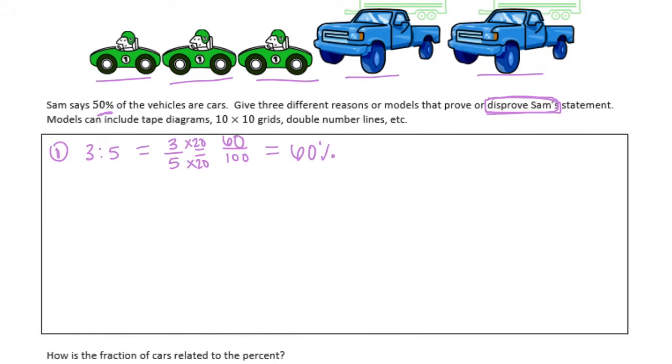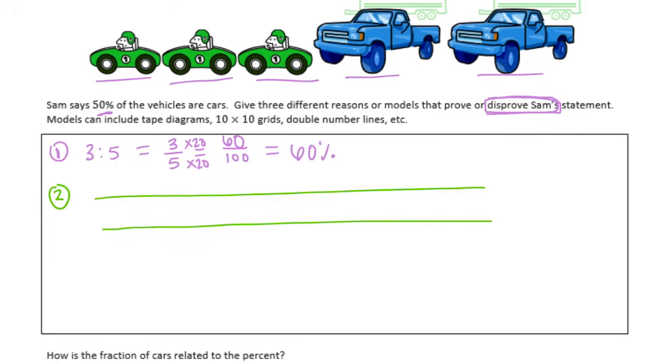So there's one way that we can model it using numbers. Another way, a second way, we could do a double line diagram. So I'm going to split this into the cars and the trucks. 1, 2, 3, 4, 5.